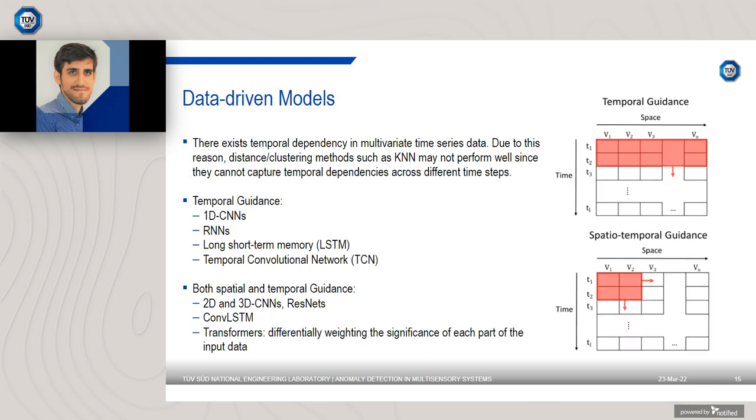So now we get to the more interesting part of this webinar, which is automated feature learning from multivariate sensor data. In our previous webinar, if you remember, we talked about some automated feature learning methods. For multivariate time series data, we talked about temporal information and spatial information.